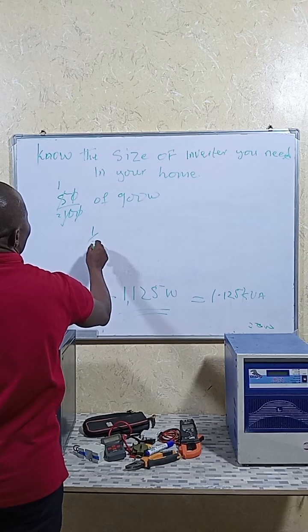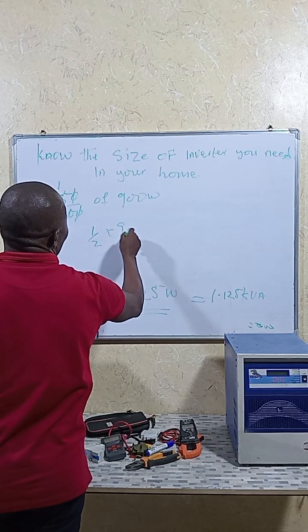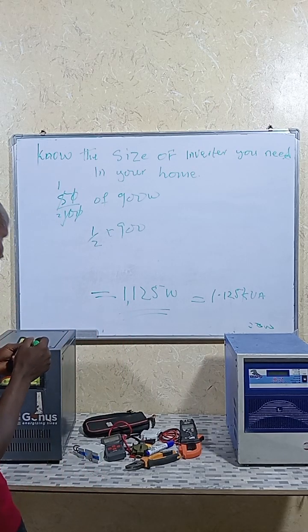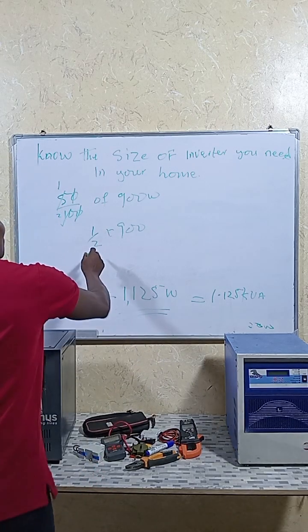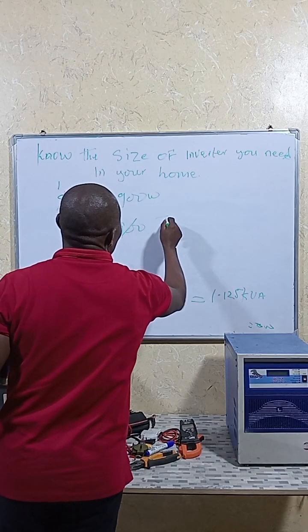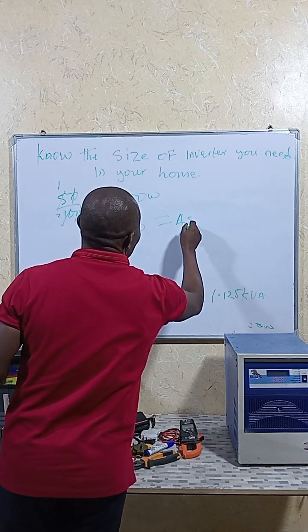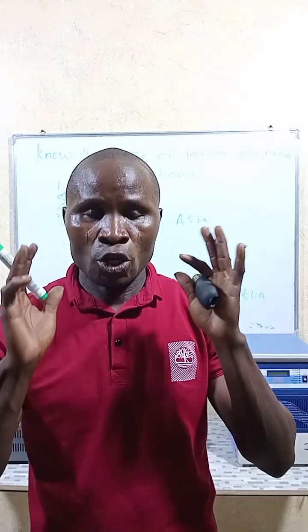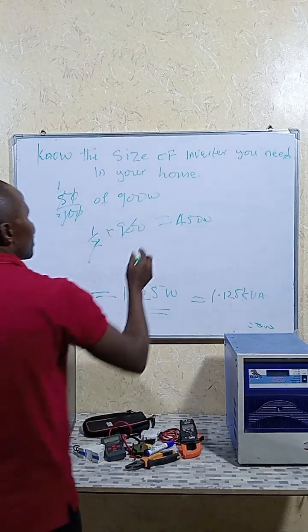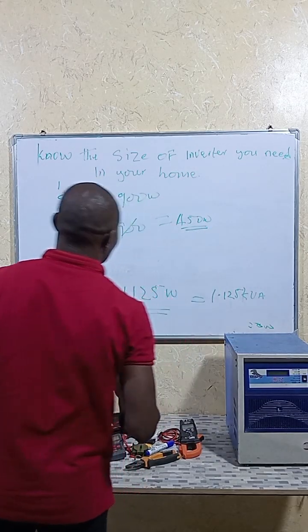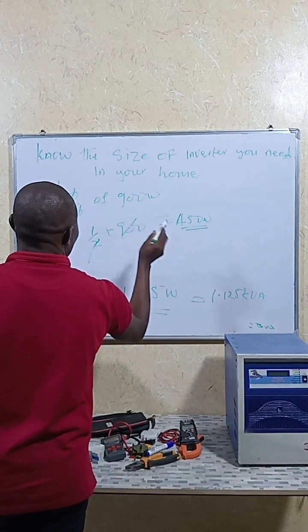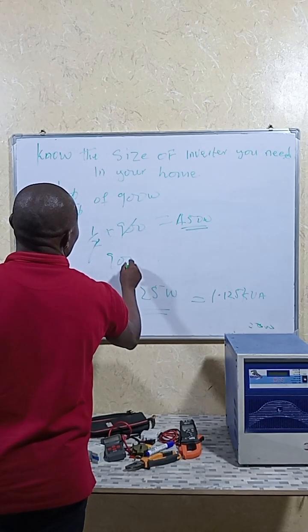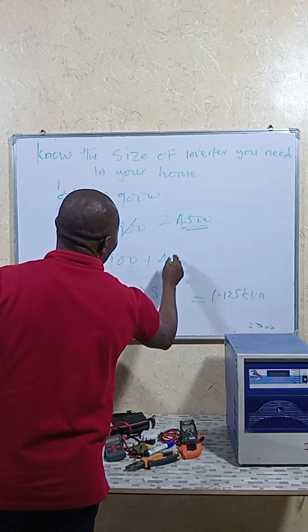You have 1 over 2 times 900, which equals 450 watts. So the 50% of the total load is 450. The total load is now 900 plus 450.